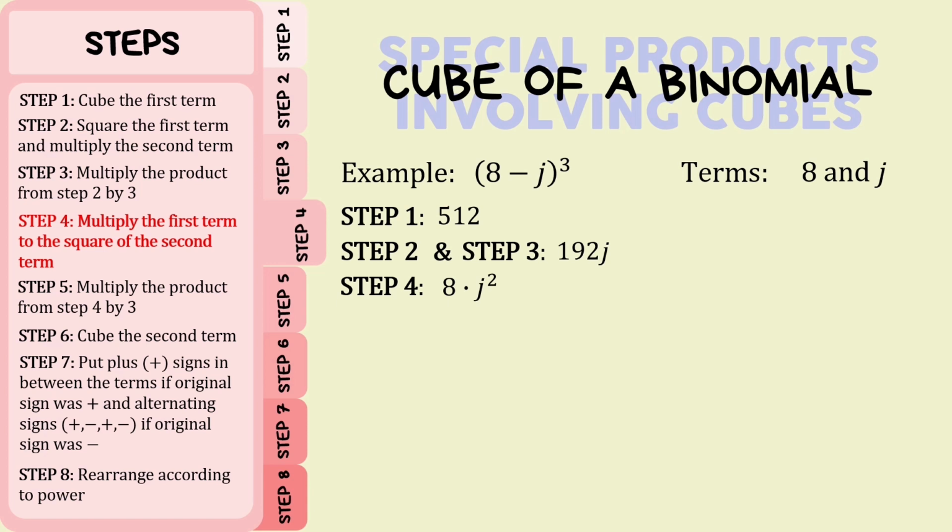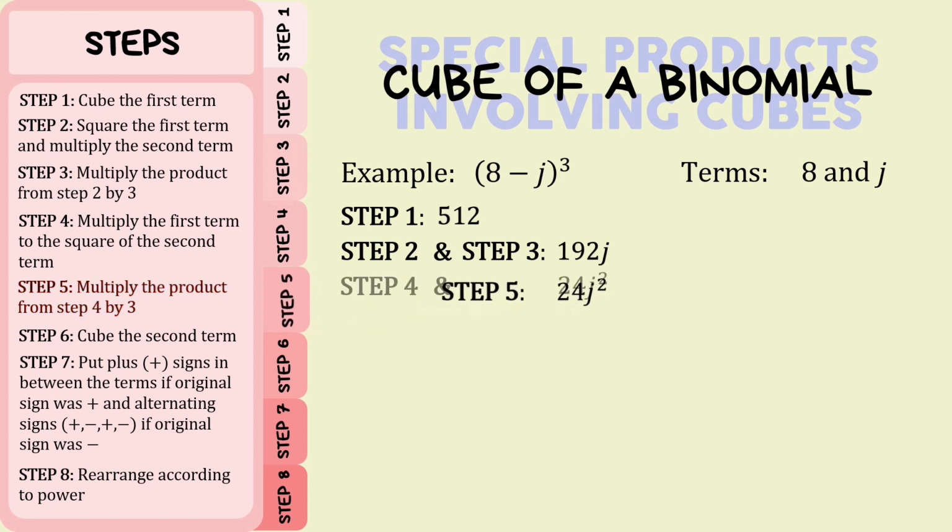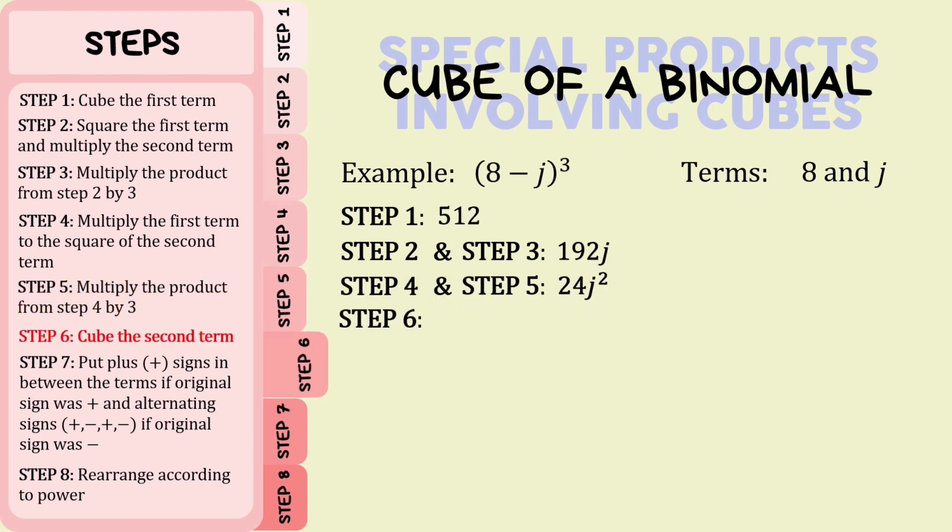Multiplying them together, we should have 8j squared. But like the third step, we have to multiply this product by 3 in the fifth step. 8j squared times 3 will be equal to 24j squared, and this will be our third term for the product. The next is to simply cube the second term.